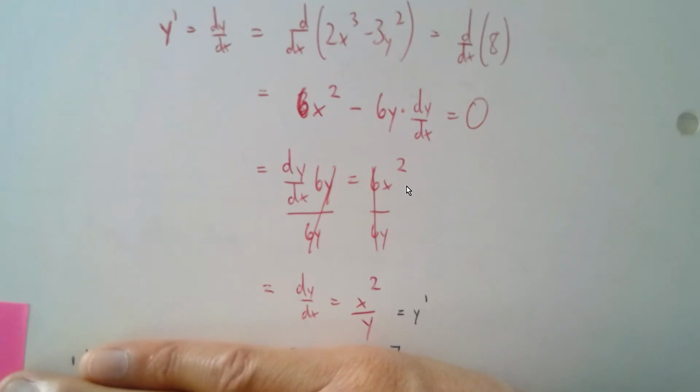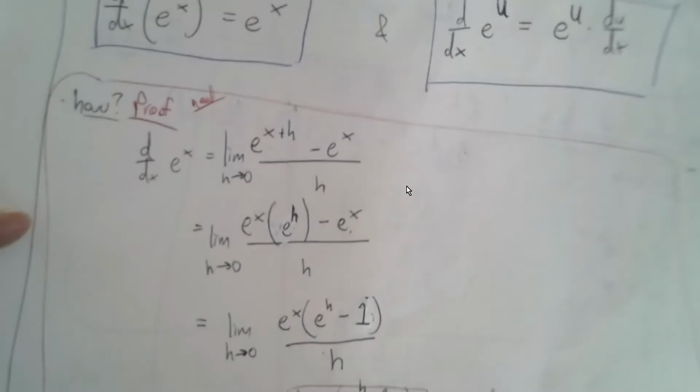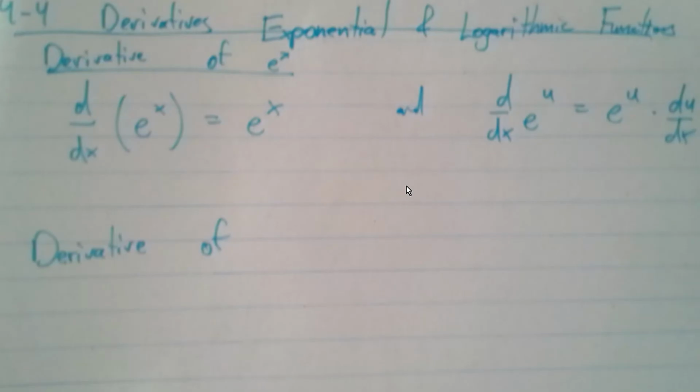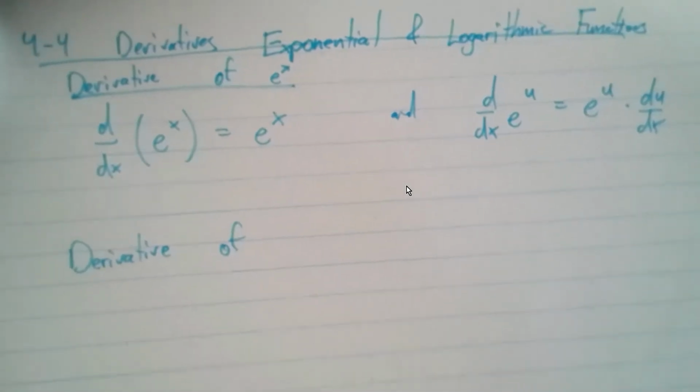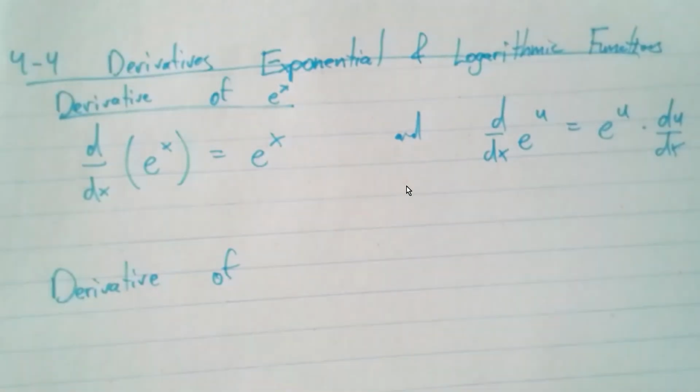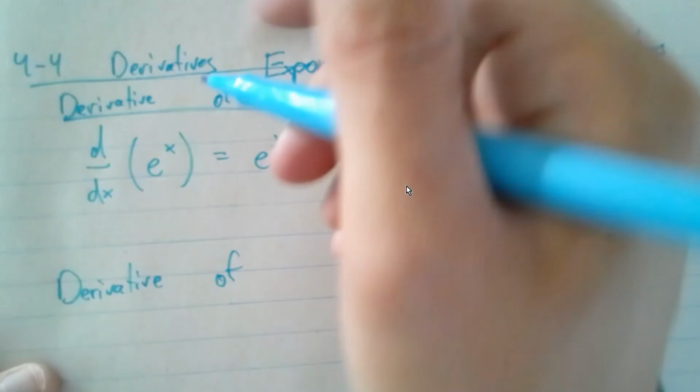Any questions so far? Okay, we're kind of gonna go at a condensed breakneck speed, condensed lesson for 4-4. Let's go back to my original notes that I was starting on. Go ahead and write this down. 4-4 is the derivatives of exponential.